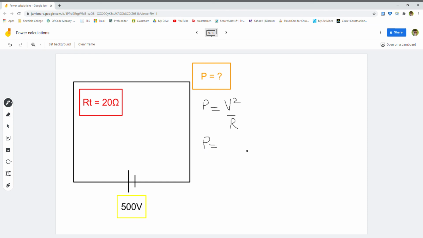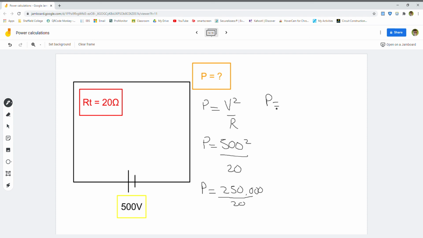P equals 500 squared over 20. P equals 250,000 divided by 20.